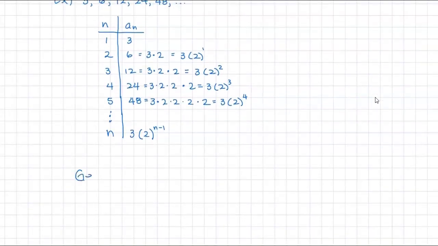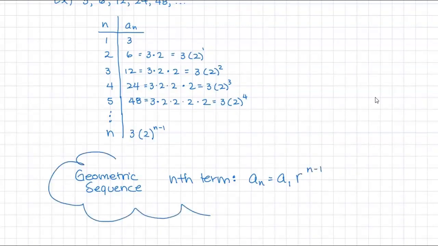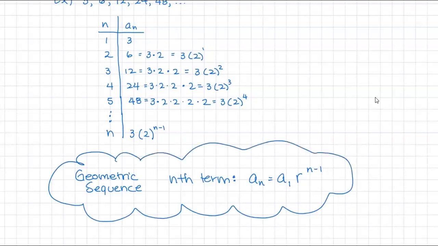So for a geometric sequence, the nth term, a sub n, equals the first term times the common ratio to the power of n minus 1. There we go.